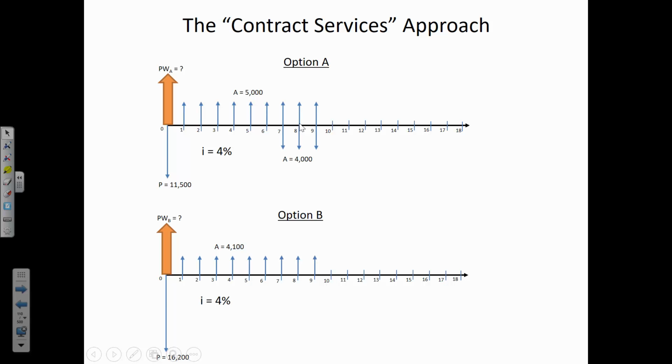All right, so this is contract services. That's an illustration of the second way that we can compare things that have a different useful life. And to distill it, it means just rent the item when it wears out.